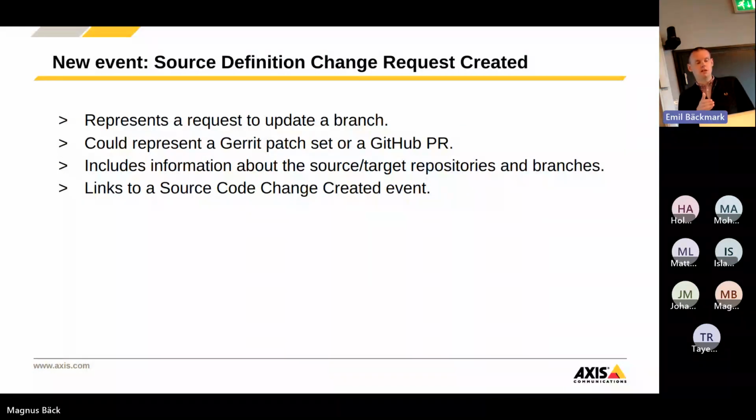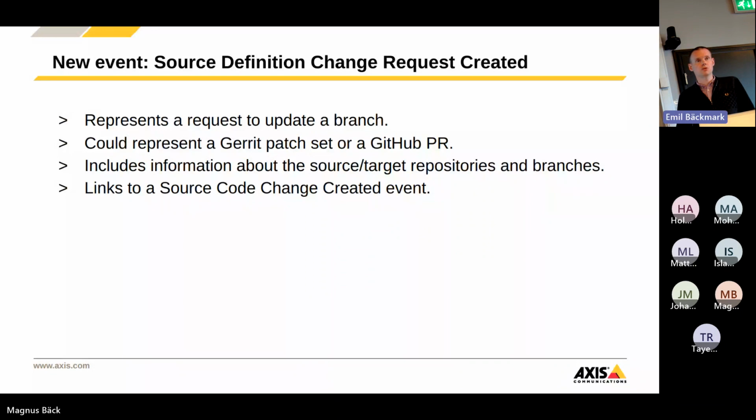We did talk briefly in one of the earlier workshops about whether we should have an event that represents the pull request itself. This proposal does not include that. We have instead separate events for each update to the pull request.